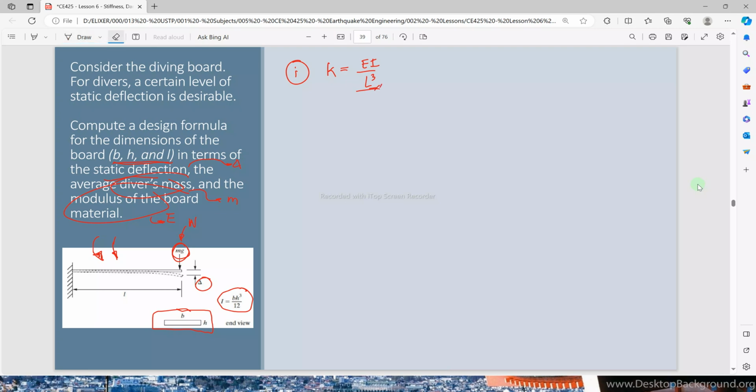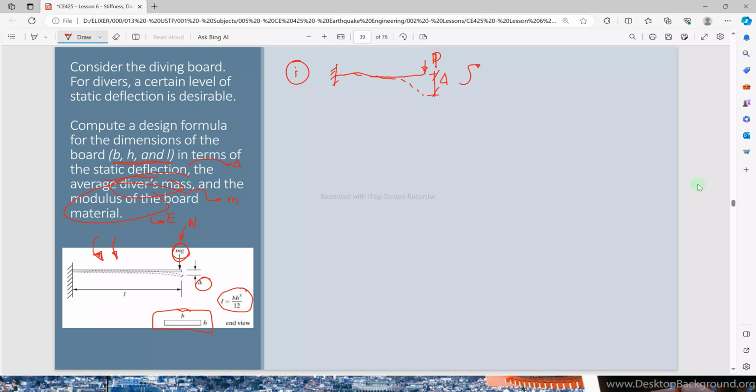Actually, the deflection, if you remember in your lower years, if we have a beam and we have an applied force P here, it will have a deflection.